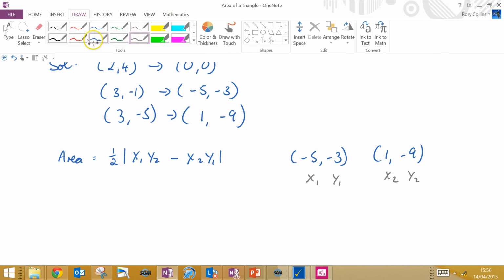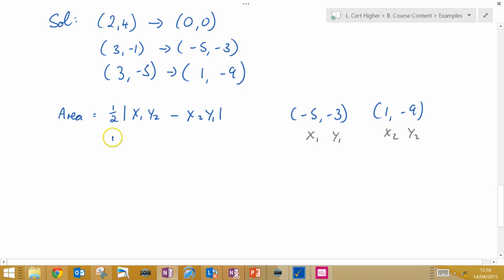We can now fill our formula in. This gives us a half of x1, which is -5, by y2, which is -9, subtract x2, which is 1, by y1, which is -3.